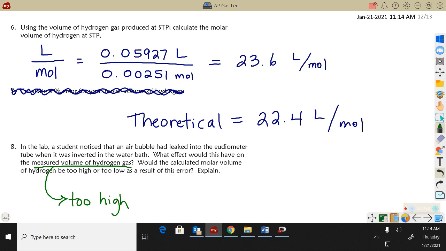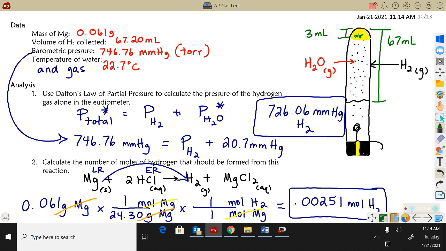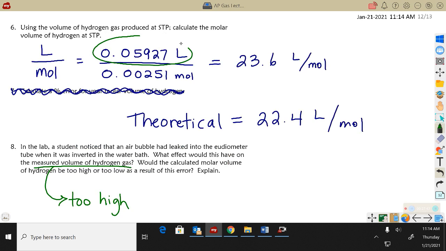Would the calculated molar volume of hydrogen be too high or too low as a result of this error? Well, look at where we carried that number through the calculations. Right away, that 67 is too high. That's supposed to be 64. Then I used it in number 4, which would have been too high, which then I used down here, that's too high. And then I used that in the numerator over here.